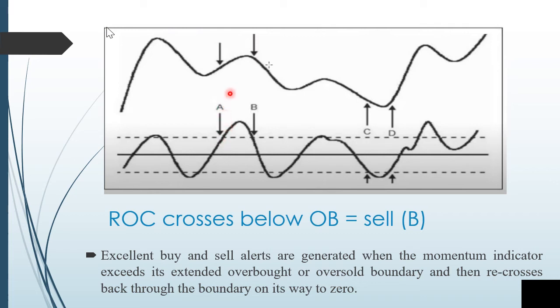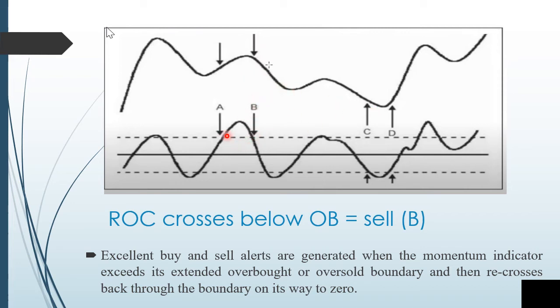Here, ROC crosses below the overbought line, which is the point B. So this is the condition of selling, because we can see here that this is a downtrend. So B is the signal of a downtrend lah. So this one adalah untuk selling lah.